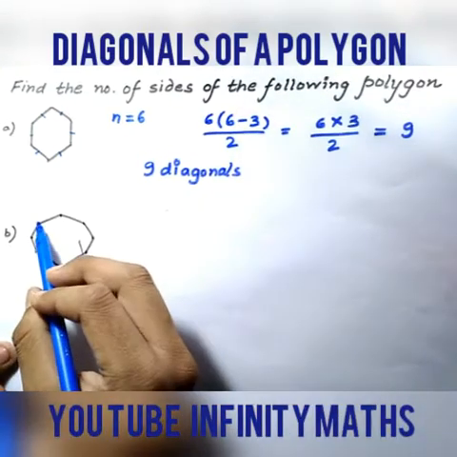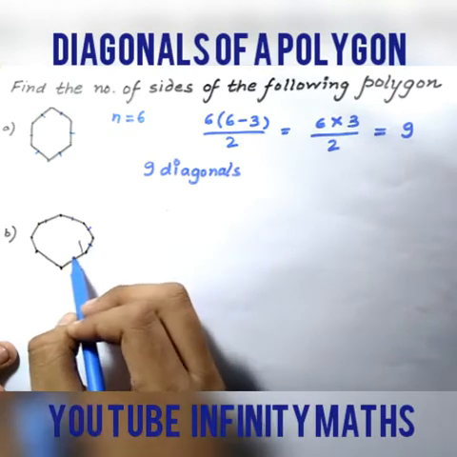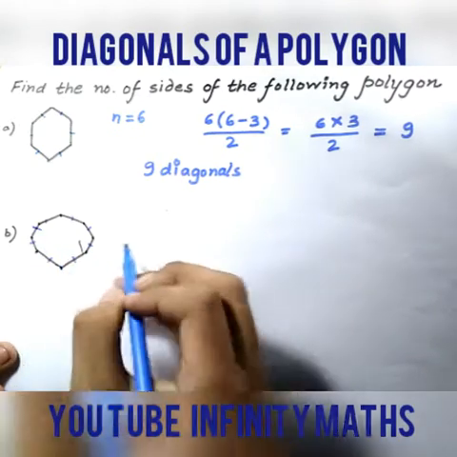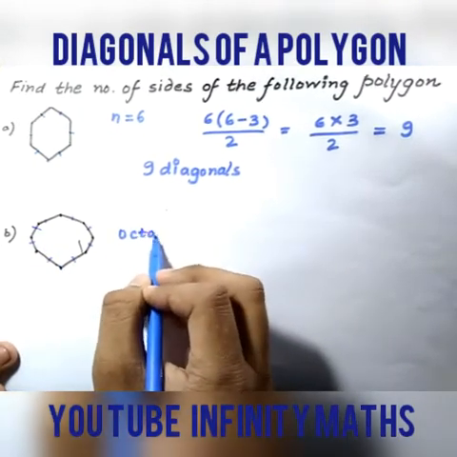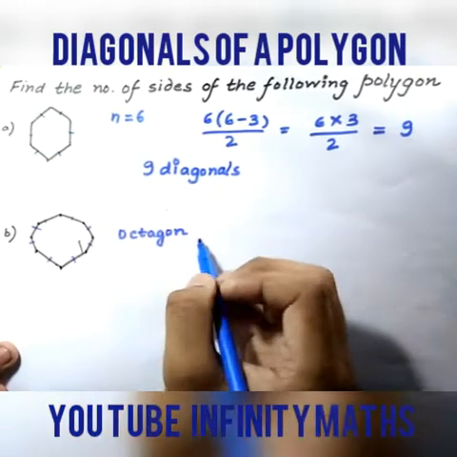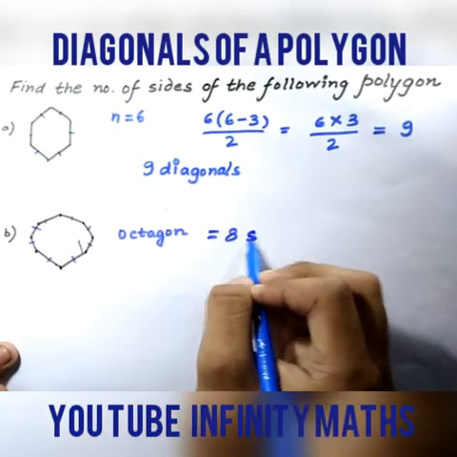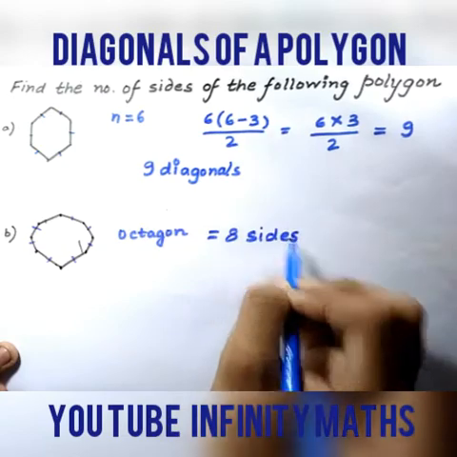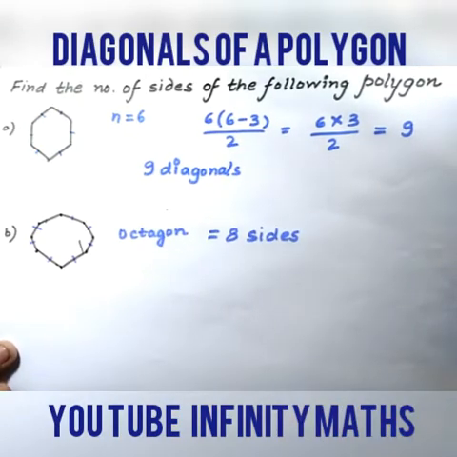Next is 1, 2, 3, 4, 5, 6, 7, 8, octagon. 8 sides. So a regular octagon has 8 sides.